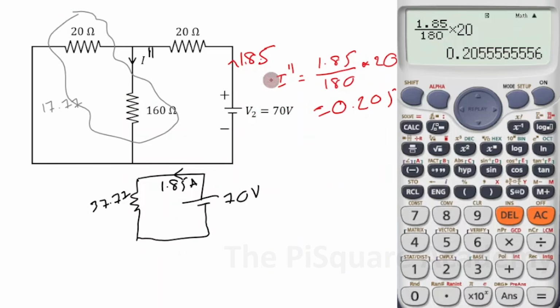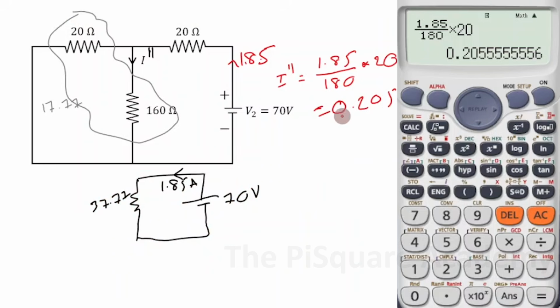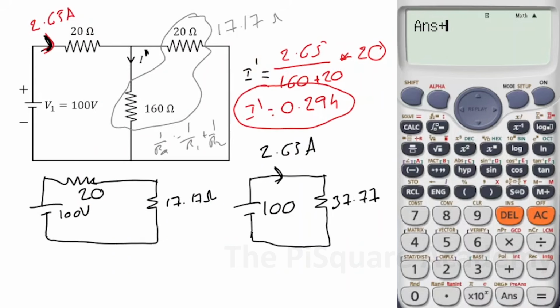Both are in the downward direction. So the total current now, that's step 4, I is equal to I prime plus I double prime. I already got I double prime 0.205, plus I prime 0.294.